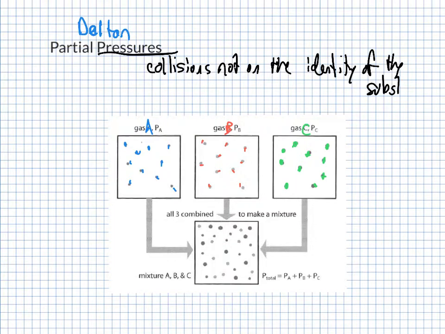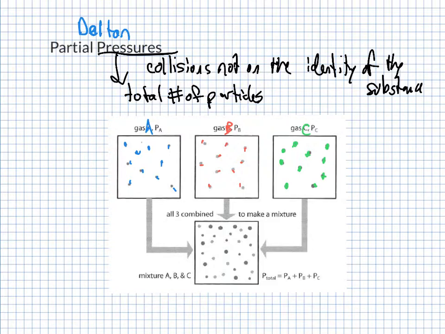So in general, what that really means is that the total number of particles is what's going to contribute to the overall pressure, as well as how hard those particles are colliding, but really we're focused on the total number.